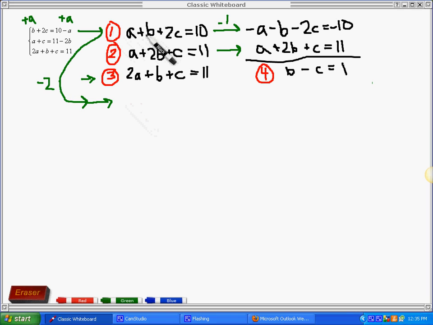So, when I multiply the top equation, equation 1, by negative 2, I get negative 2a. That is a horrible looking 2, I apologize. Let me try that again. Negative 2a minus 2b minus 4c equals negative 20.